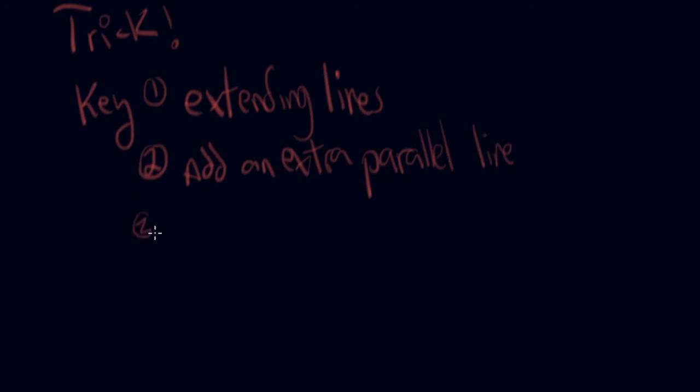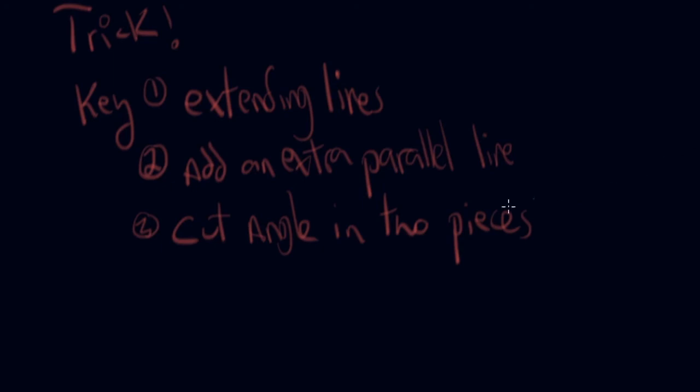And the third thing is, what happens if I cut an angle, and now I'm going to be in two pieces. Notice I didn't say in half, in two pieces. Cut into two pieces. I'm going to put a green box around it. It must be important if I put a green box around it. So we're going to use those ideas for the following question.